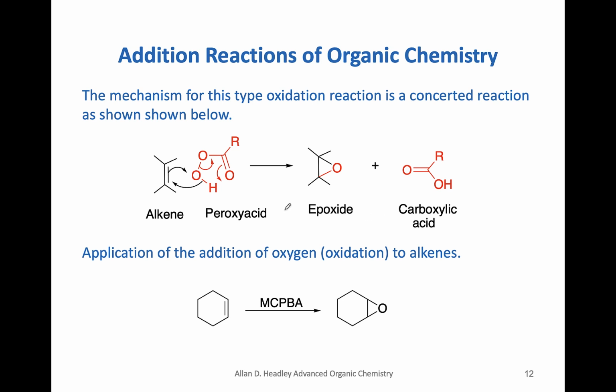So again, this is described as a concerted reaction. Concerted, all the bond breakage and all the bond formation occurs in one single step. There are no intermediates. So this is a reaction to give an epoxide from an alkene, given this mechanism here.